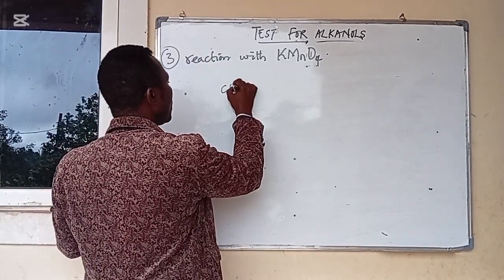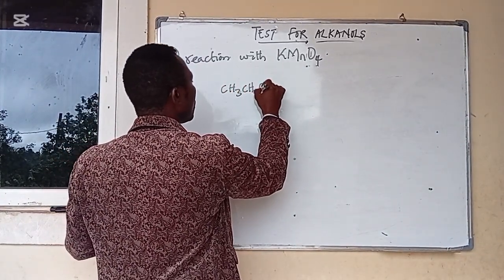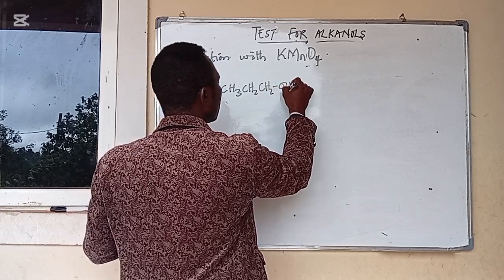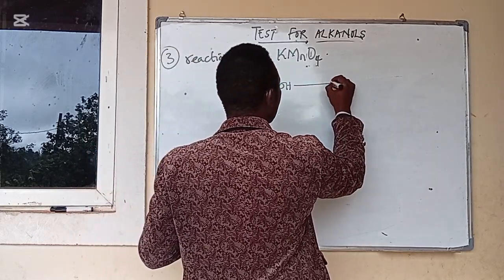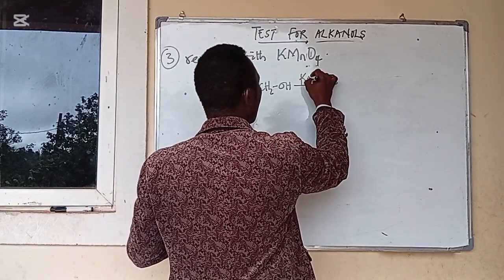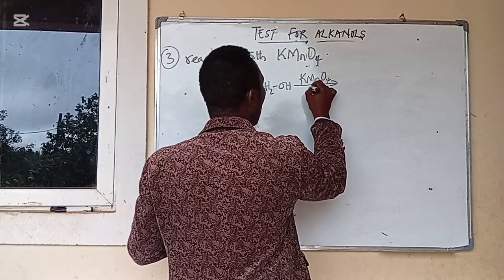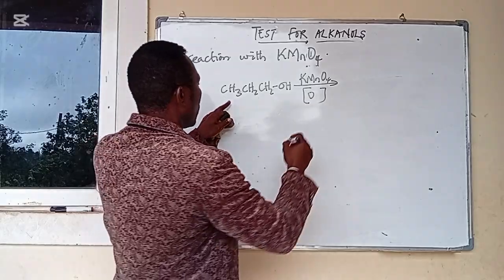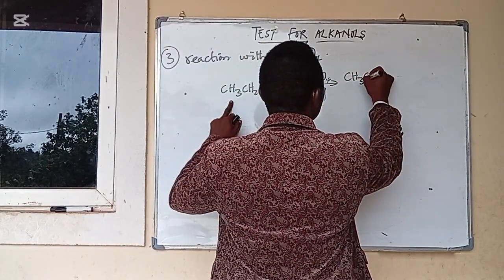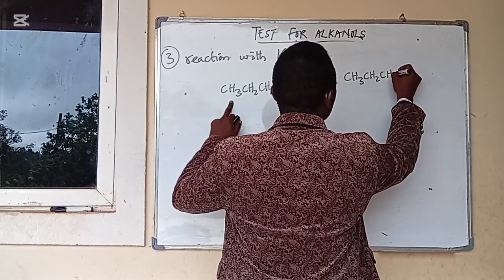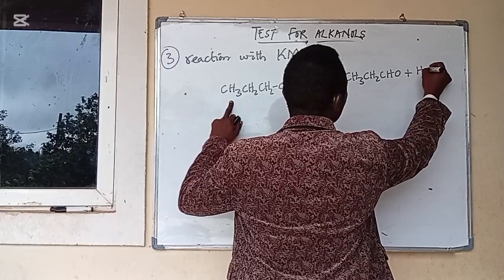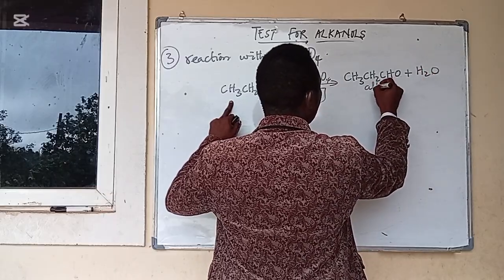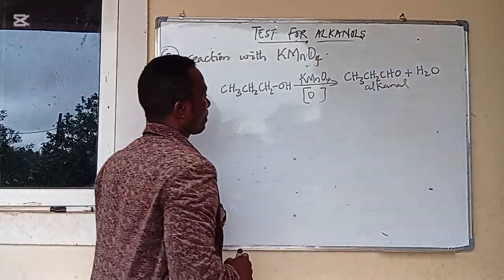Now, when we look at this, you can have CH3CH2CH2OH being oxidized with KMnO4. What it donates is oxygen as an oxidizing agent. So what you have is CH3CH2CHO plus H2O. So you see what is formed is an alkanal.